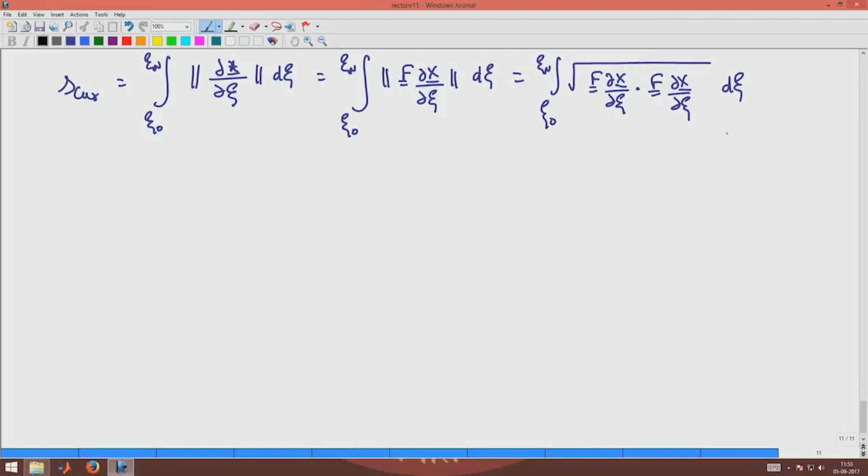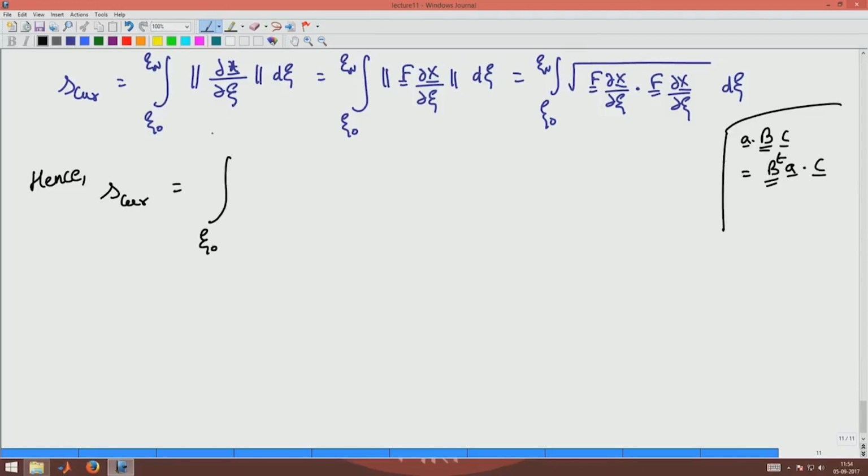We have already seen that if I have A dotted with B times C, this is nothing but B transpose A dotted with C. Hence S current would be the integral from psi 0 to psi n of the square root of F transpose F dou X by dou psi dotted with dou X by dou psi, d psi.